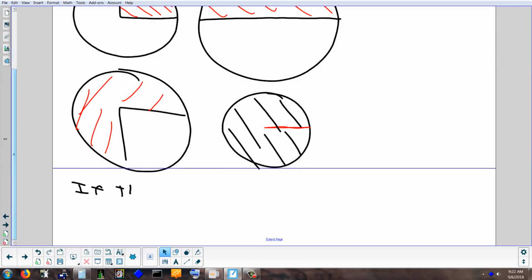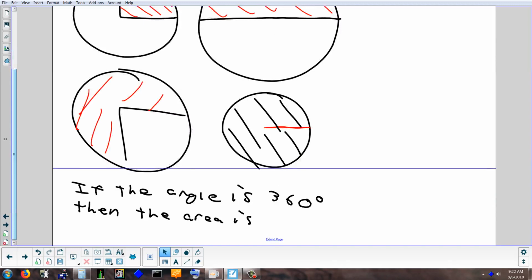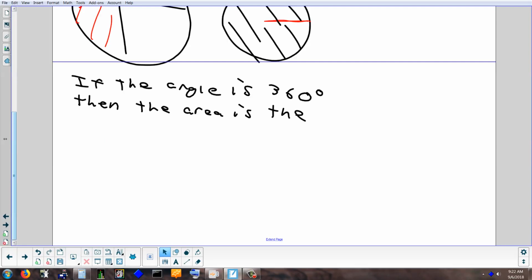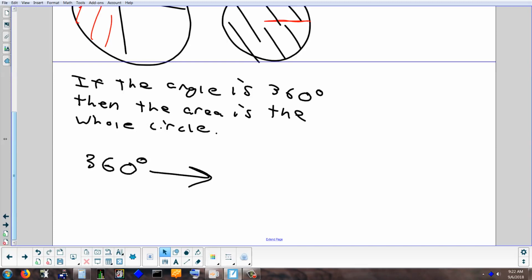So if the angle is 360, then the area is the whole thing. And if we already know a formula for the whole thing, then there's our connection. If the angle is 360, the area is the whole circle.